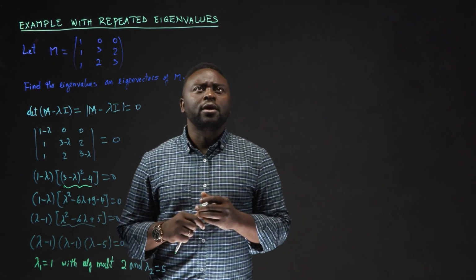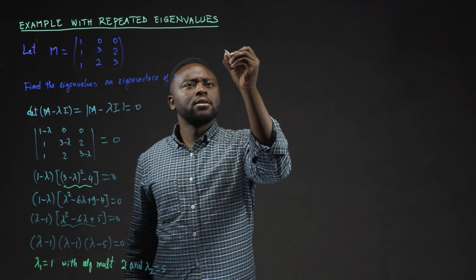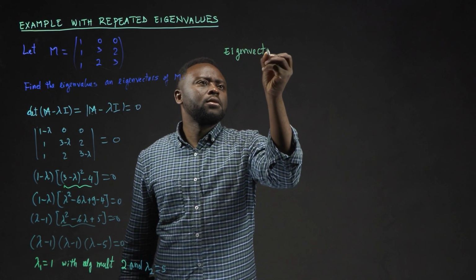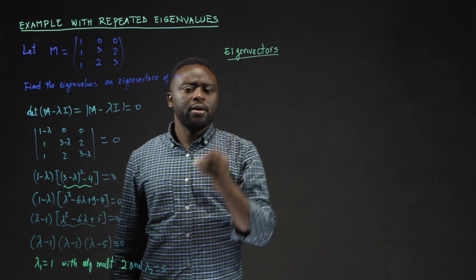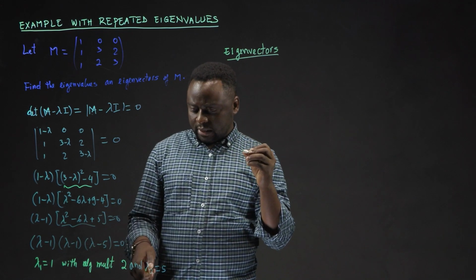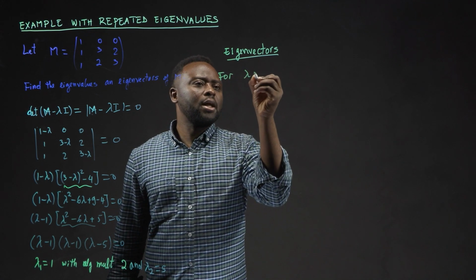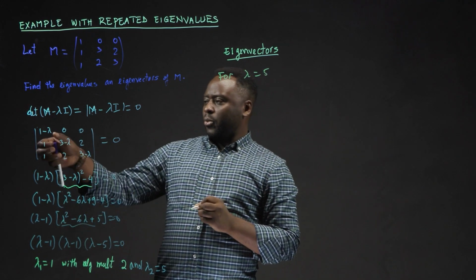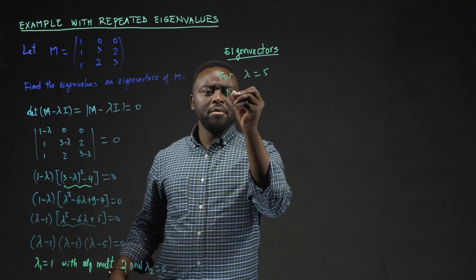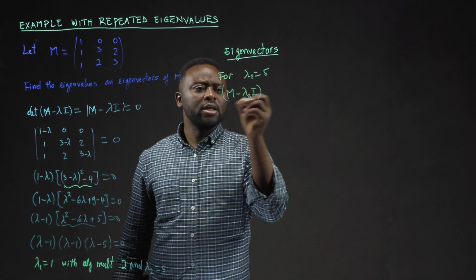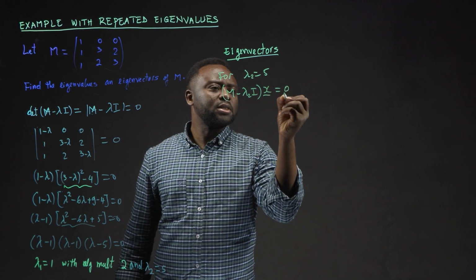Now let's look for the eigenvectors. Let's start with the simplest case, lambda 2. For lambda equal 5, we have to substitute here. We know (M minus lambda I) times x is equal to 0.